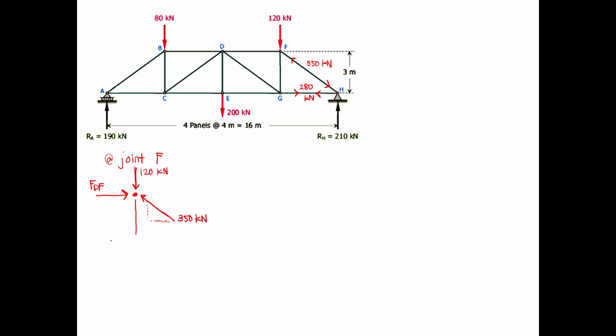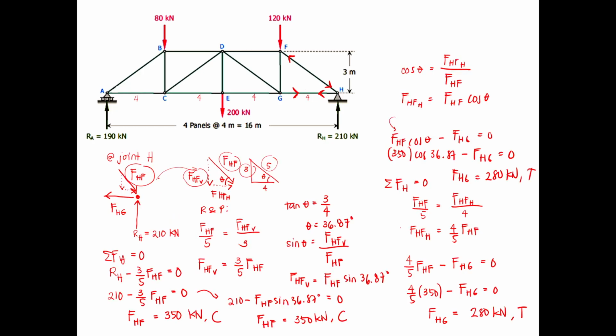So the summary is we're going to start off by determining the components of the 350 diagonal force. Earlier, the angle is 36.87.